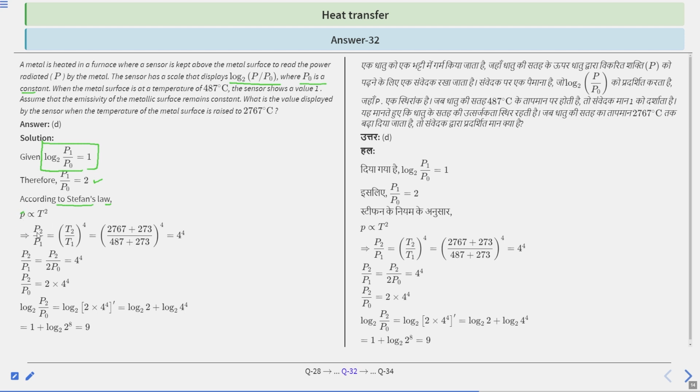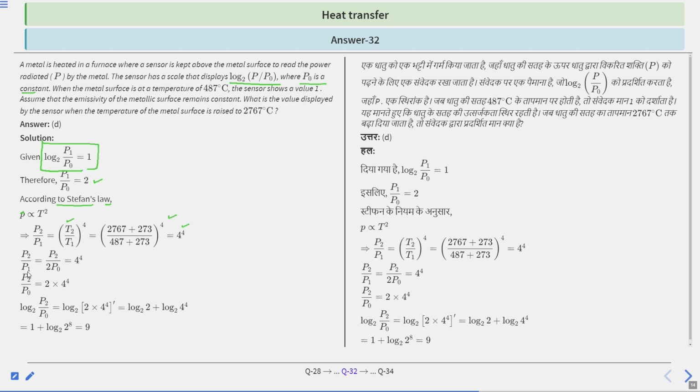Clear? So P2 divided by P1 is equal to T2 divided by T1 whole power 4. Putting in the T2 and T1 values, you get 2767 plus 273 divided by 487 plus 273, whole power 4. So P2 divided by P1 is equal to 4 raised to the power 4.